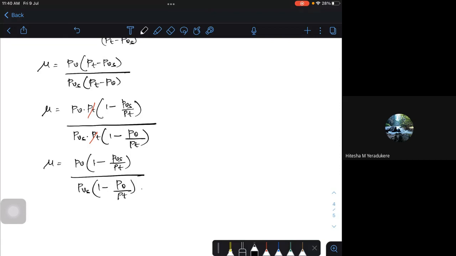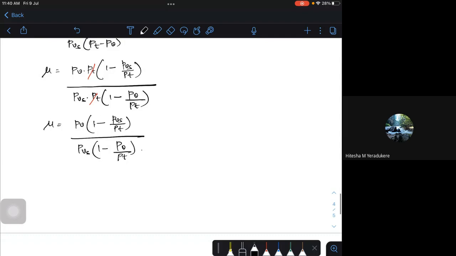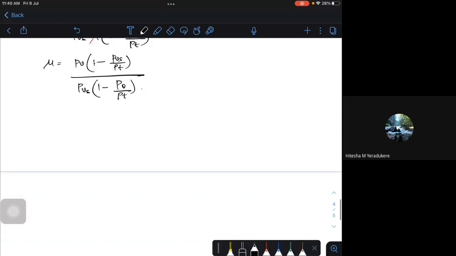Okay, now what is this PVS? It is the partial pressure. We have to be very careful here. PV is fine. PVS is the partial pressure of the water vapor when it is fully saturated. So I will write this note because this will be very helpful when you are solving the problems.